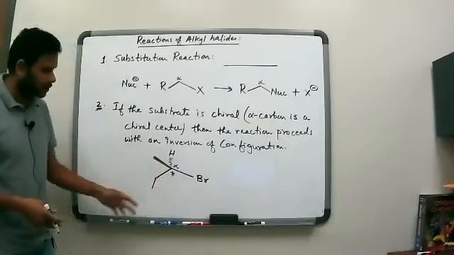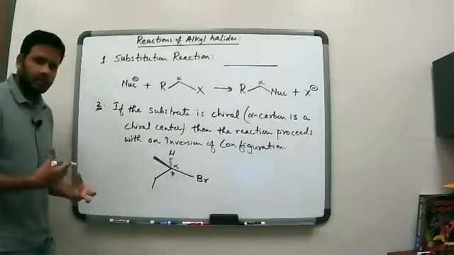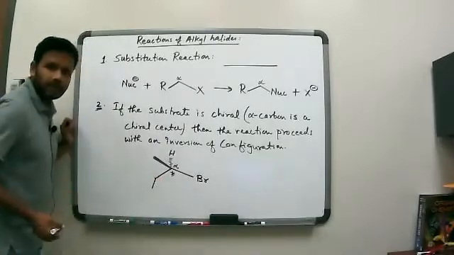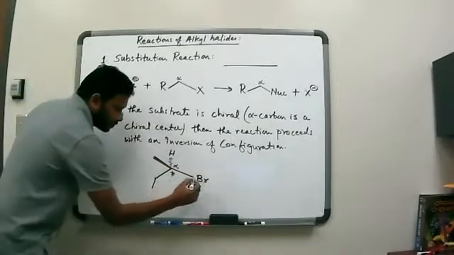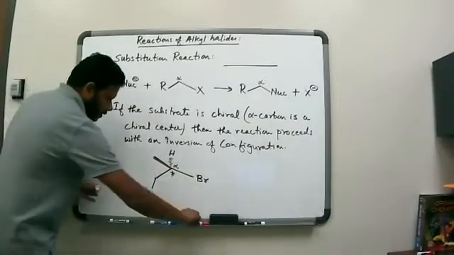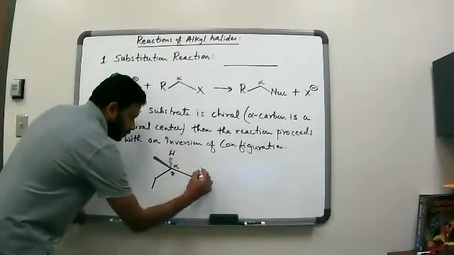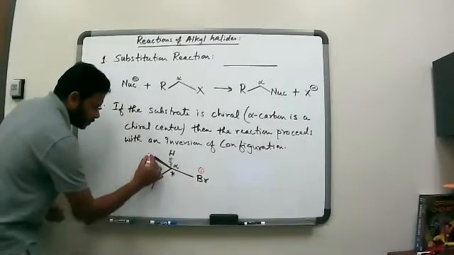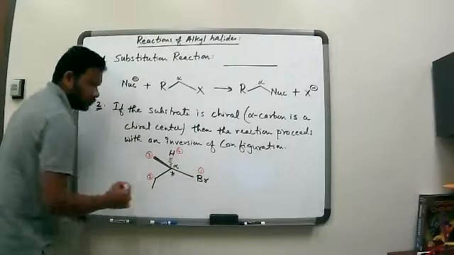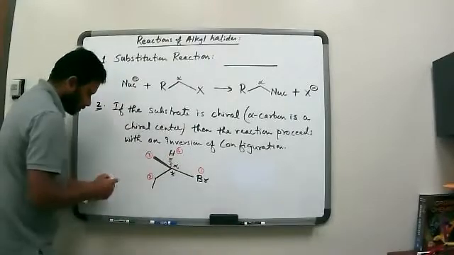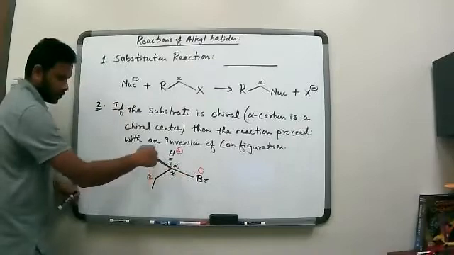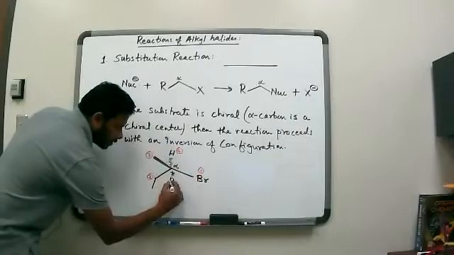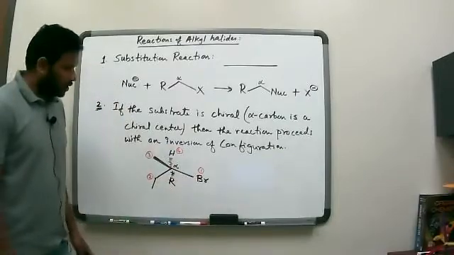Let's review some of our configuration skills, because that's still important. Stereochemistry, chapter 5. Let's assign a configuration to this molecule. Bromine is 1, the highest priority group. This is 2, this is 3, that's 4. Going from 1 to 2 to 3, we're going clockwise. So that means this chiral center is of the R configuration.